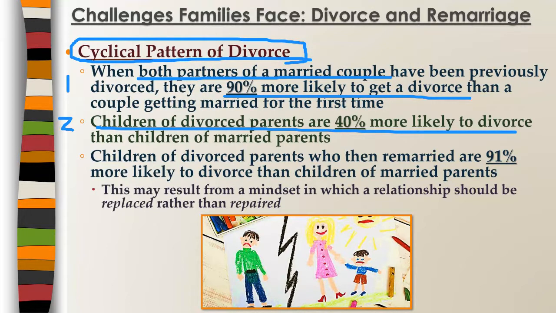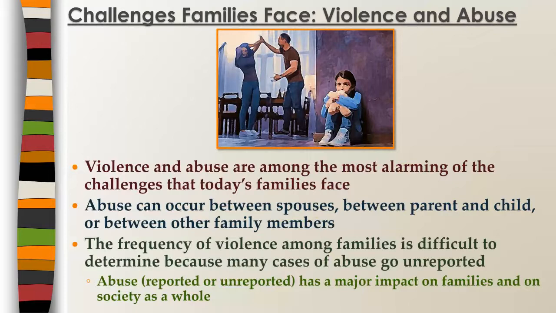And number three, children of divorced parents who then remarried are 91% more likely to divorce than children of married parents. So divorce is unfortunately a self-reinforcing cycle.